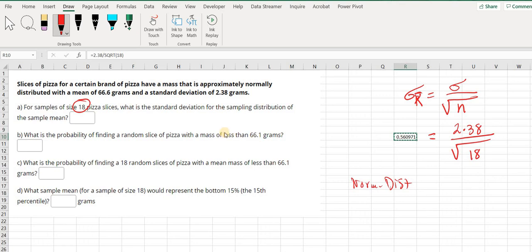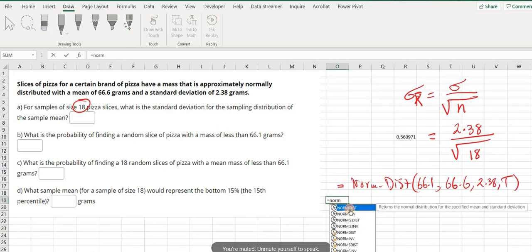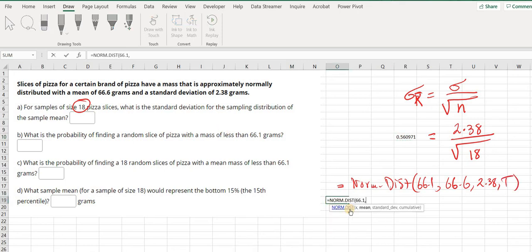Less than means we're going to use NORM.DIST of 66.1, comma, the mean, 66.6, comma, the population standard deviation, 2.38, comma, true. And that will be the answer for that one.